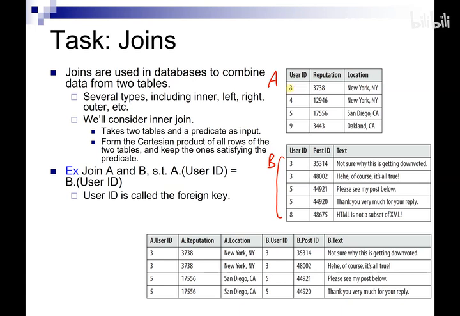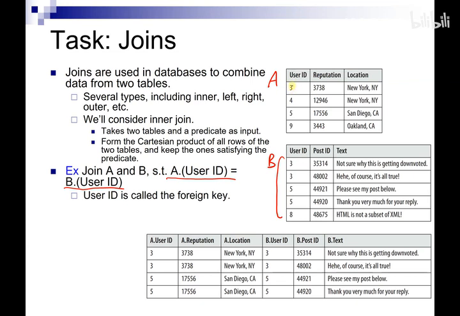So for example, this first row of A, with this user 3 over here, we're going to try to combine that with this first row of B, the second row of B, and then the third row, and all of the rows. However, notice that with this predicate, we only want to keep the rows where A's user ID equals B's user ID. A's user ID is going to be 3 over here.